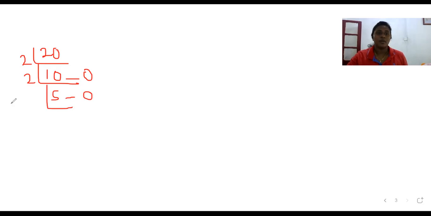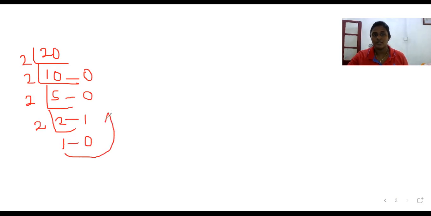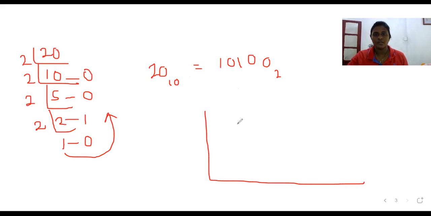Again 5 divided by 2, 2 times 2 is 4, there's remainder 1. Then again 2 divided by 2, 1, remainder 0. Then start to write bottom to top. Once you write, don't just write 20 base 10, it equals 1, 0, 1, 0, 0. Then you can show this in an abacus.